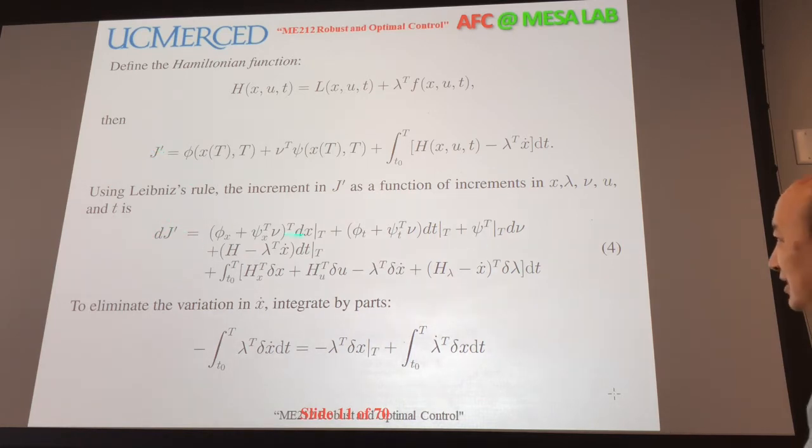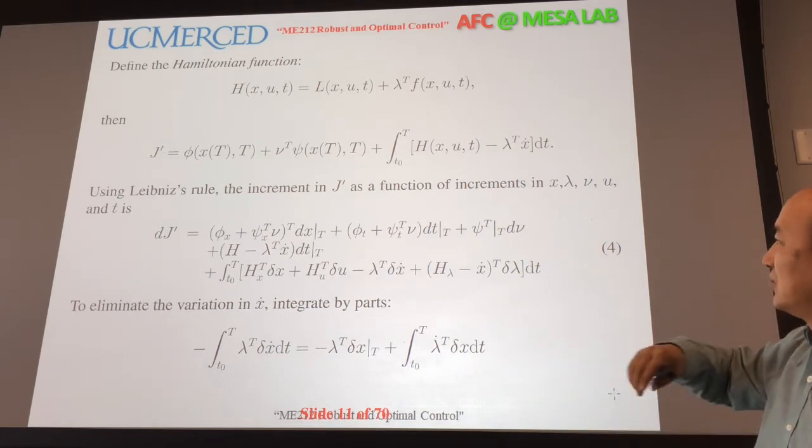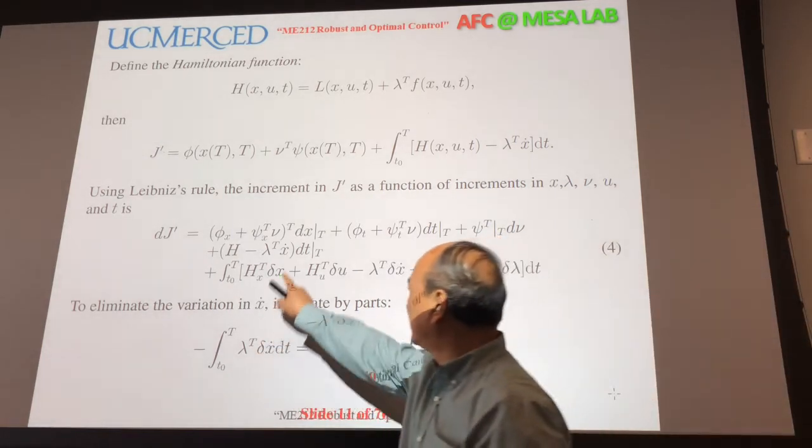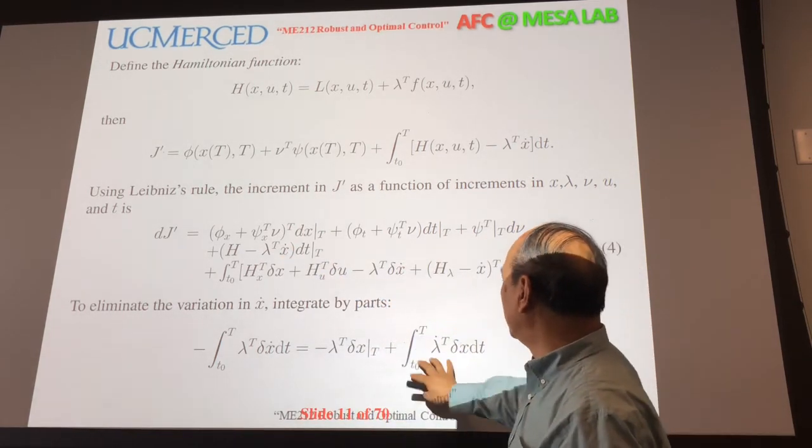There is a very mathy equation here. Here we can do integration by parts. You are going to have something like this. Don't worry, we just make sure that we take care of this term. Delta x dot is this term.